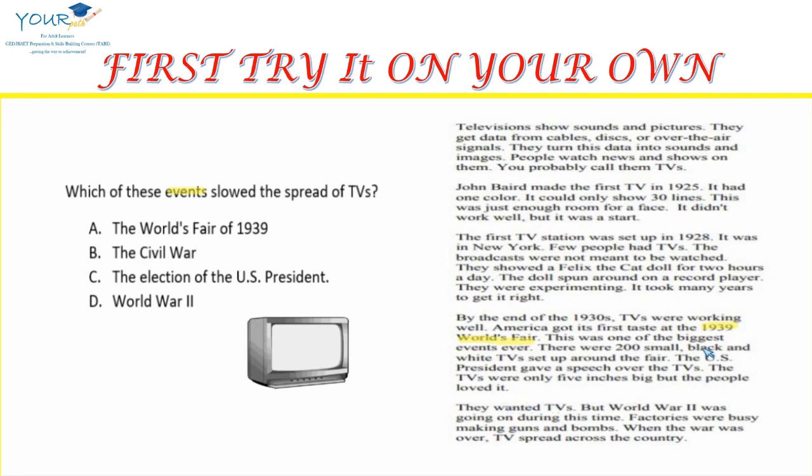So we know that there was nothing going on at this event that suggested a slowing down of the spread of TVs. Actually, there were 200 small black and white TVs there. So based on the information surrounding this event, we can eliminate option A because it does not apply.